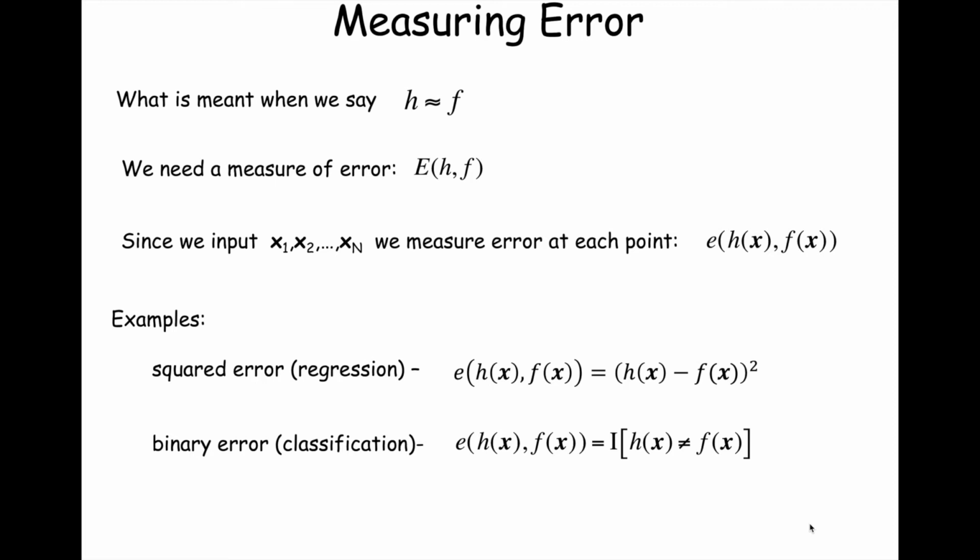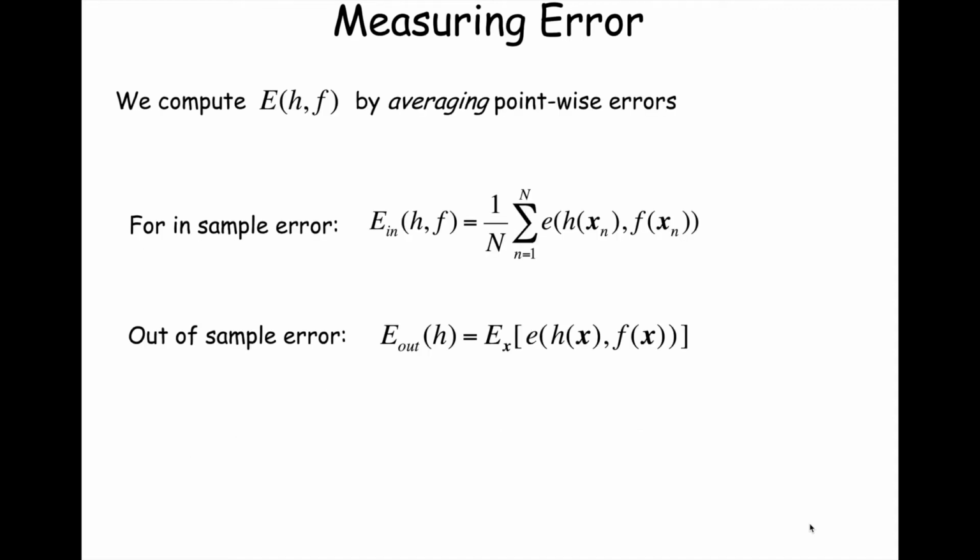Okay, so we have these examples of pointwise error, the error on a single data point in sample between the current working hypothesis and the ground truth target function. And of course, we average these pointwise errors in order to get in-sample error. What is the average pointwise error over all of the in-sample points? In the case of in-sample error, we have our data points.